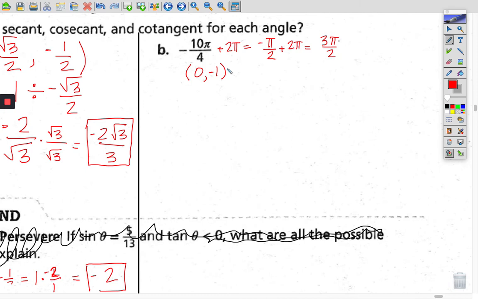All right. We'll start with secant of negative 10 pi over 4. Secant is 1 over x. 1 over 0. 1 divided by 0 is undefined.